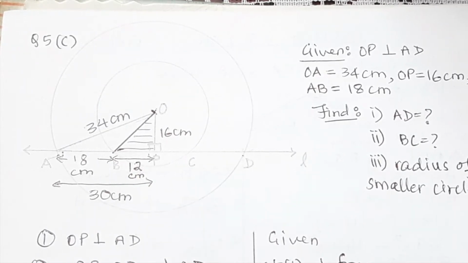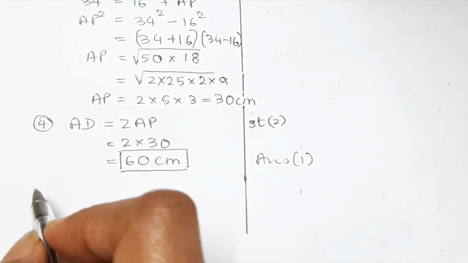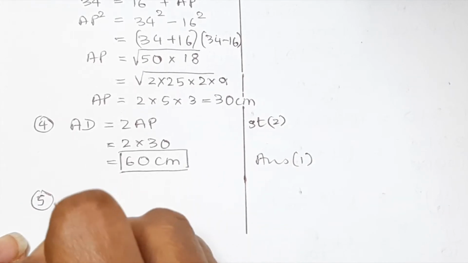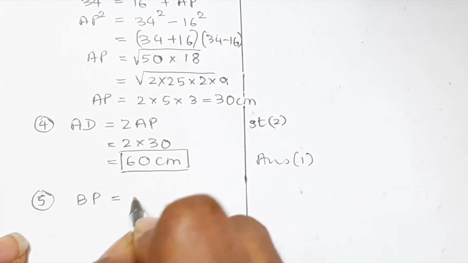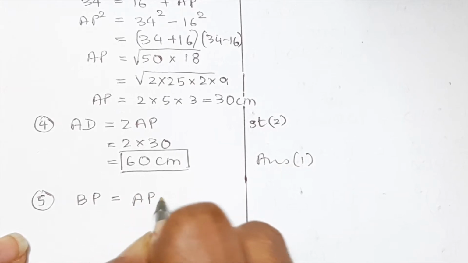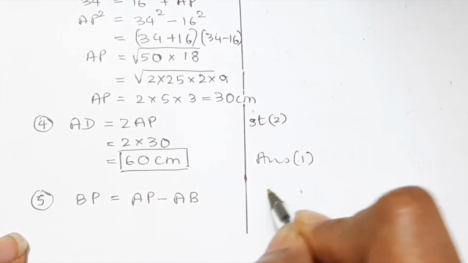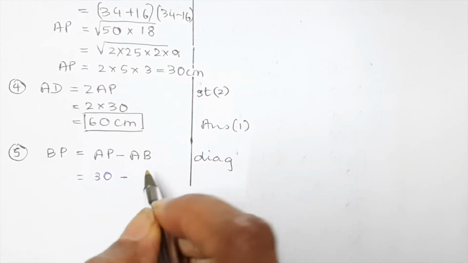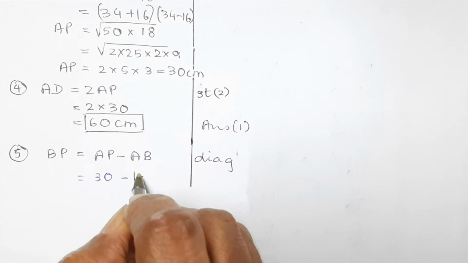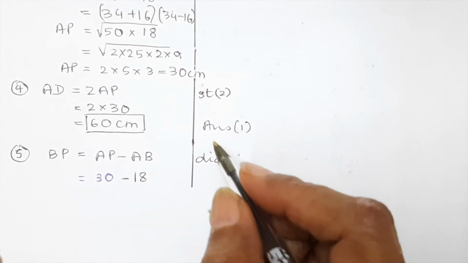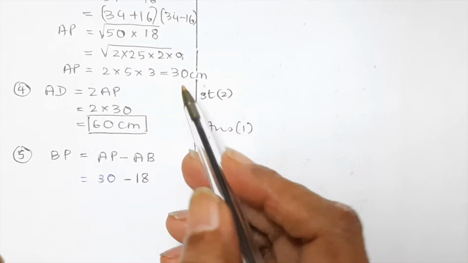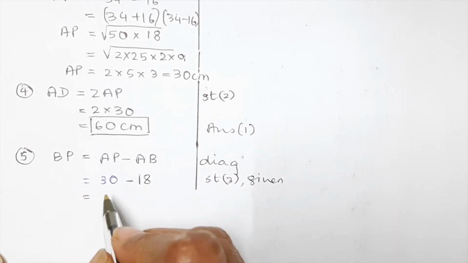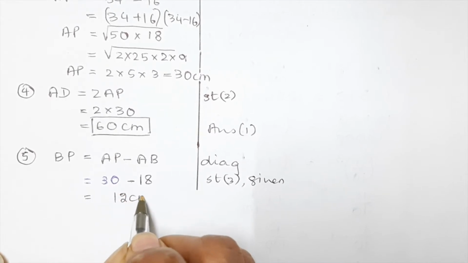So BC is going to be double of that. Okay, so we come to statement number 5. We will say that BP is equal to AP minus AB because of the diagram. Now AP is 30 centimeter minus AB is 18 centimeter, and this will be from statement number 3 and given, which comes out to be 12 centimeter.